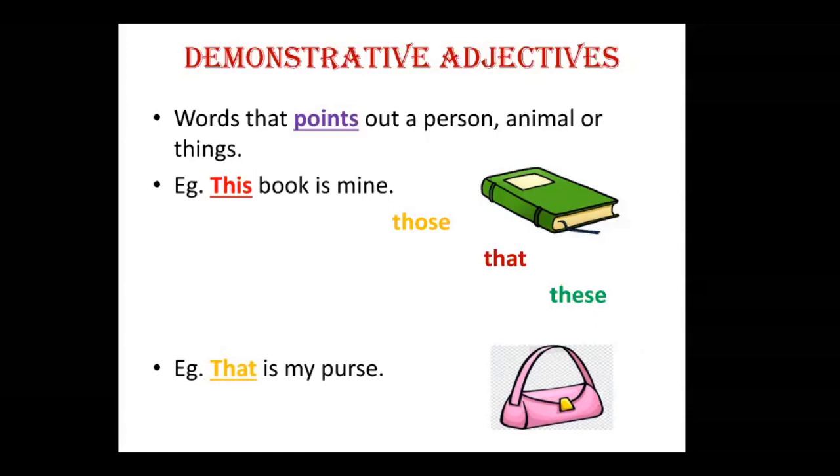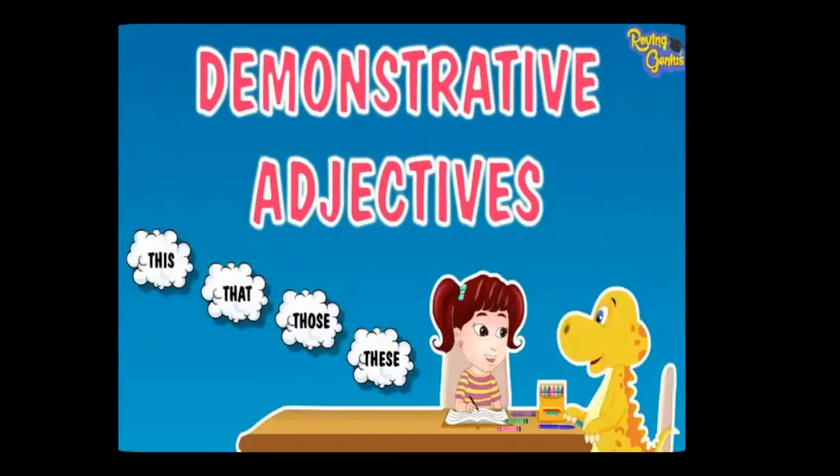So here the word that is a demonstrative adjective. This, those, that, these. All these words are used as demonstrative adjectives. They are always used as demonstrative adjectives because these words point out a thing.